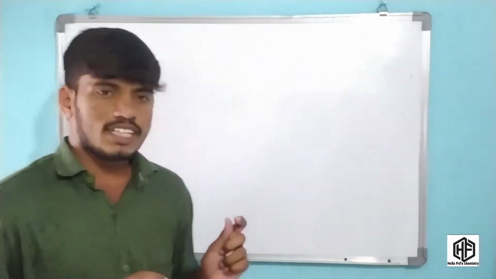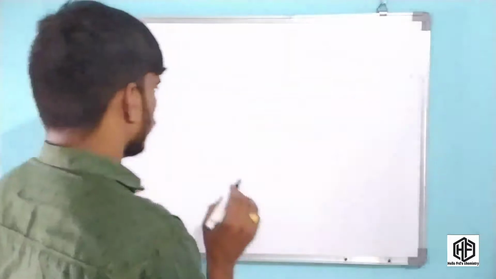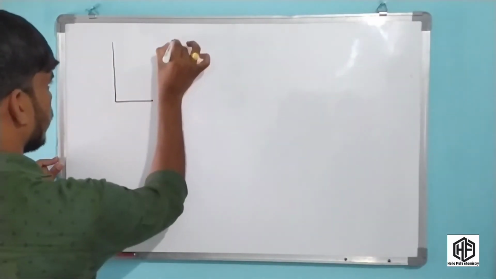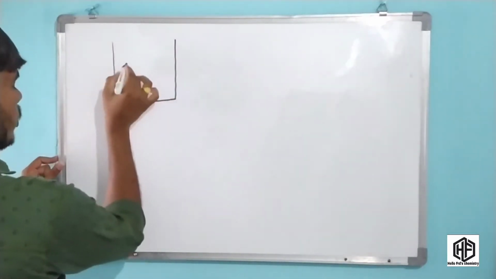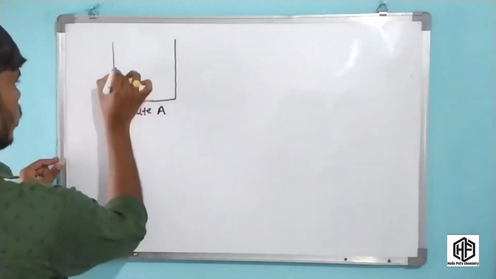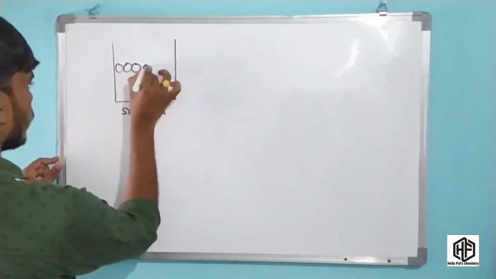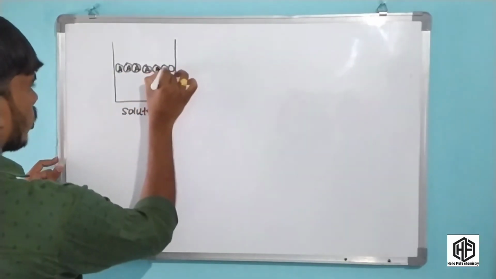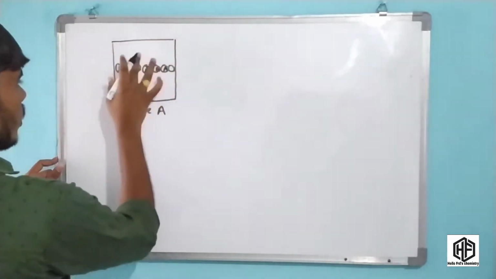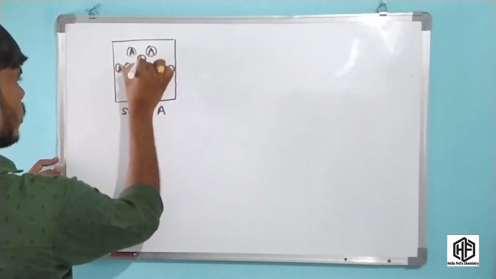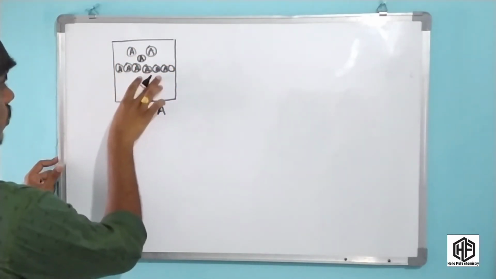Now I am going to discuss this topic, a solution containing two volatile substances. First of all, consider this beaker. This beaker contains the solute, represented by A. The solute molecules on the surface of the liquid are like this. These are A, representing the solute molecules.